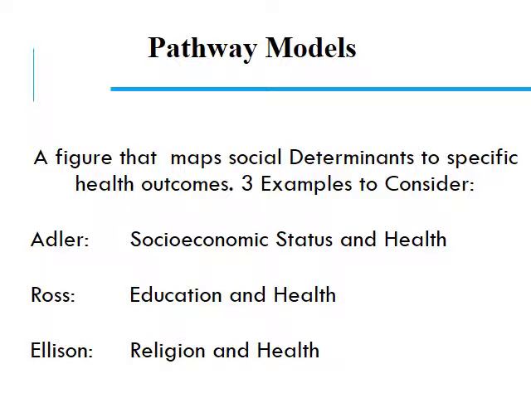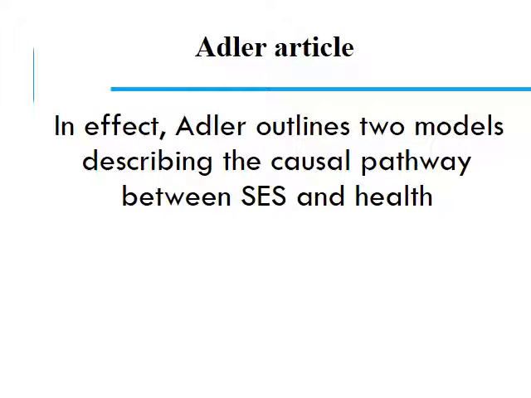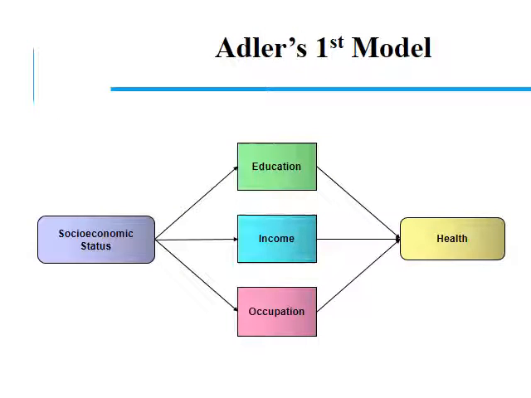So in the Adler article, Adler actually outlines two different models that describe how SES is tied to or causes poor health outcomes. In the first model, it's simplified that SES is described by education, income, and occupation.